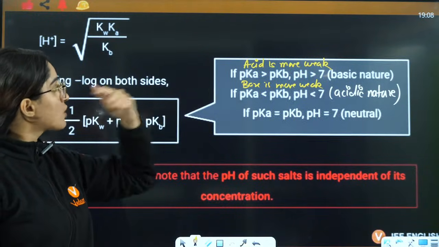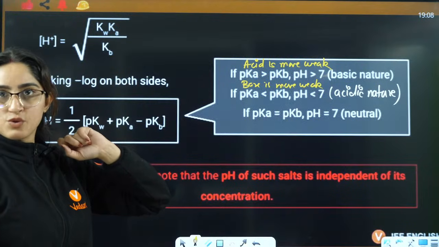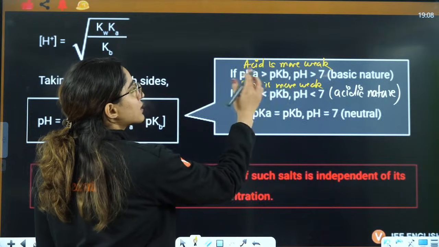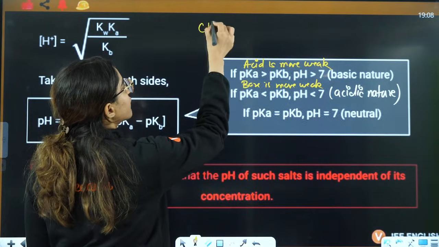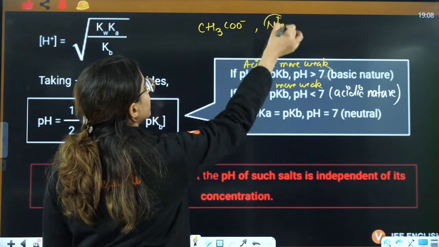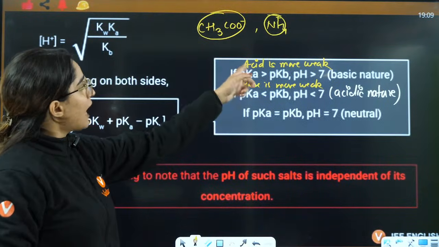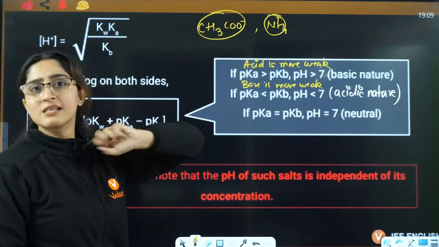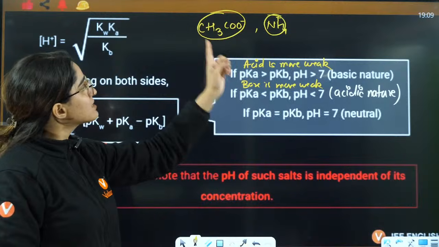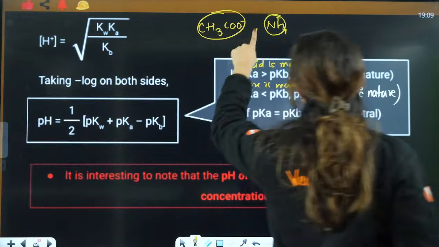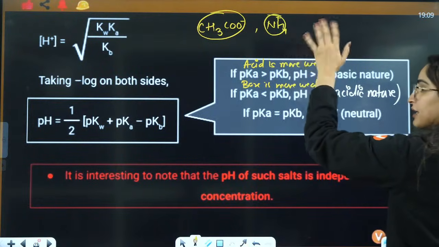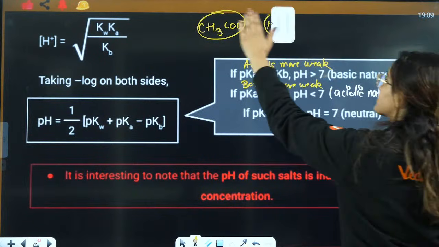Let's say the anion is CH3COO negative and the cation is NH4 positive. Both show less dissociation, but the acid shows even less dissociation compared to the base. If dissociation of acid is less, the base has more dissociation, so more OH negative ions will be in the solution. That's why it's basic in nature.